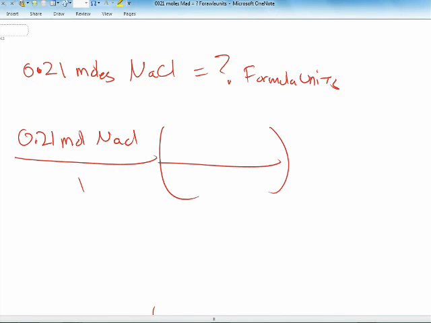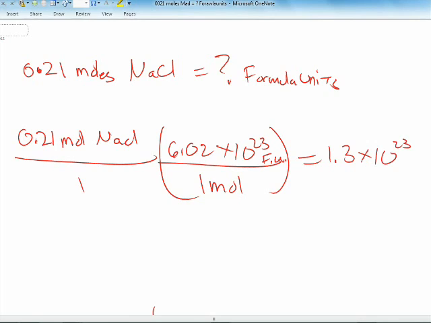We can multiply it by the conversion factor, 1 mole on the bottom, 6.02 times 10 to the 23rd on top, and we can say formula units, and that would be 1.3 times 10 to the 23rd formula units of sodium chloride, and we want to use sig figs on this.